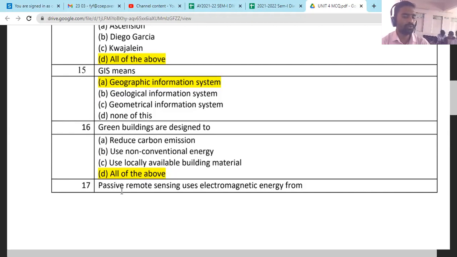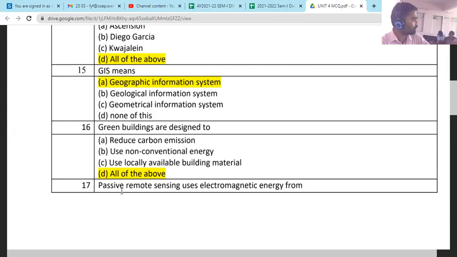Okay. Passive remote sensing uses electromagnetic energy from passive and active. What is the difference? What happens in active and what happens in passive? In active, energy is transferred from itself only. So from the satellite, energy will be emitted, and from the object it will be captured back. So transmission and emission take place from the satellite only.